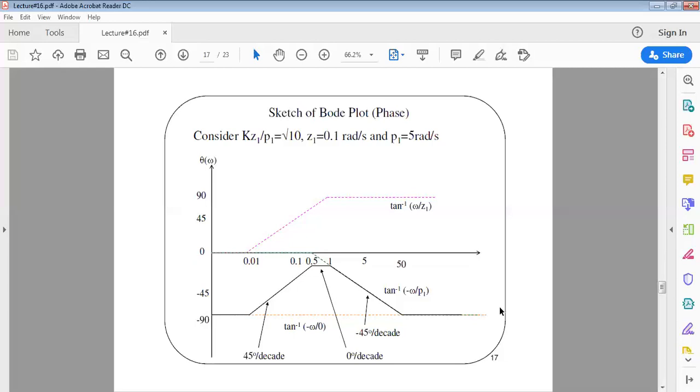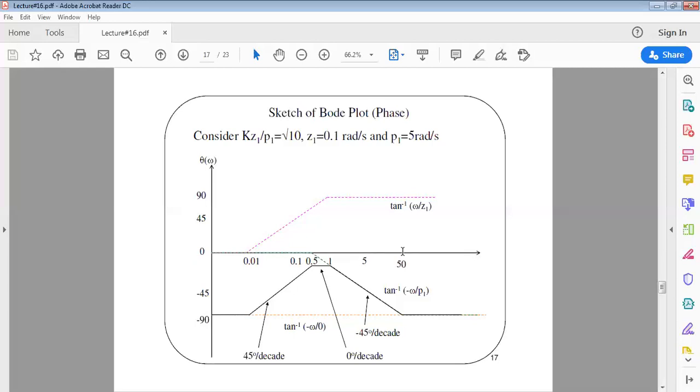Then for the real pole at 5, at 5 the angle will be negative 45 degrees. One decade smaller, which is at 0.5, the angle is 0.